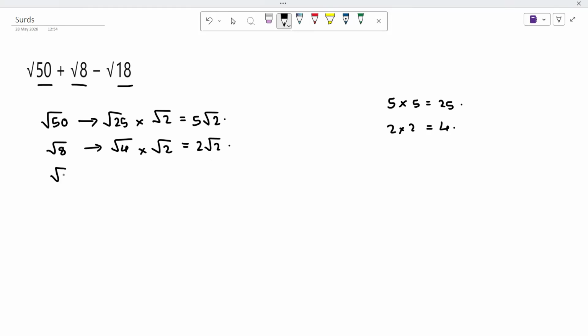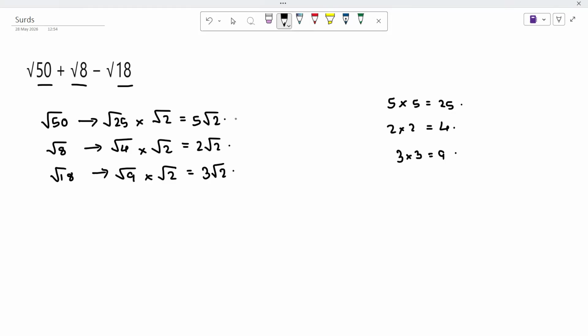And then root 18. Root 18 can be written as root 9 into root 2. Yes, root 9 into root 2 is perfect for simplification because we know that 3 into 3, or 3 square, is 9. So square root of 9 is 3, and 3 into root 2 is 3 root 2.